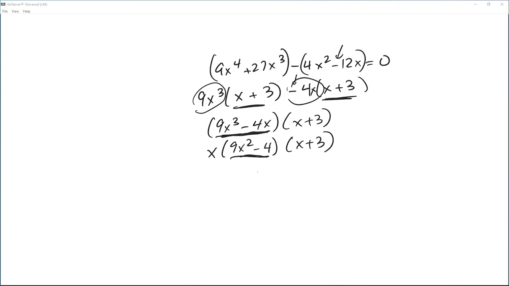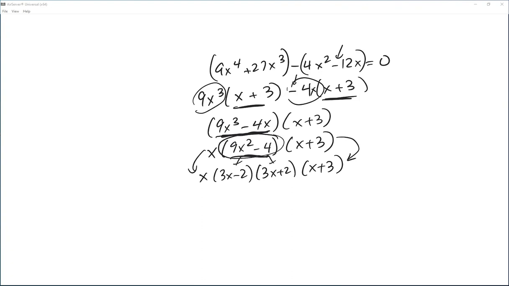So you have to recognize if it's factorable or not. If it's factorable, you factor as much as you can. So this is x, then 3x minus 2, 3x plus 2, and then x plus 3. The x plus 3 comes down, the x comes down, and you're factoring this and this. Now that you've factored everything, you can't simplify anymore.